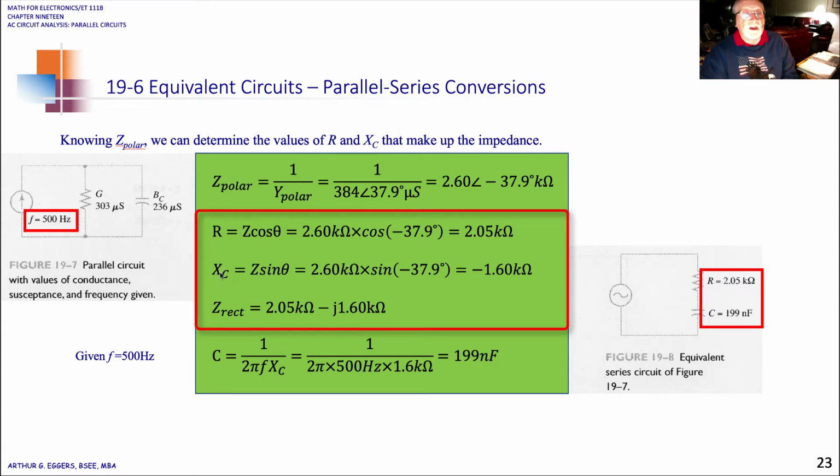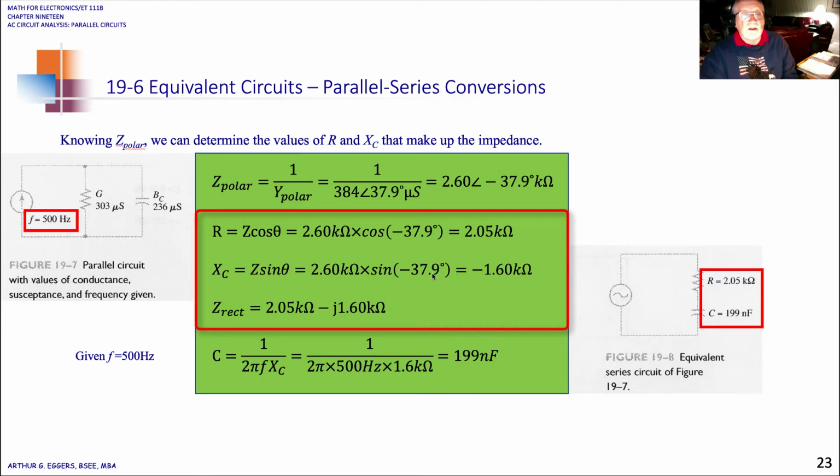Do the same thing for the capacitive reactance, Z sine theta this time. I hope you're understanding why we're using cosine and sine the way we are. Cosine is the real component. Sine is the imaginary component. So when we run through the calculations, we end up with minus 1.6 k ohms.